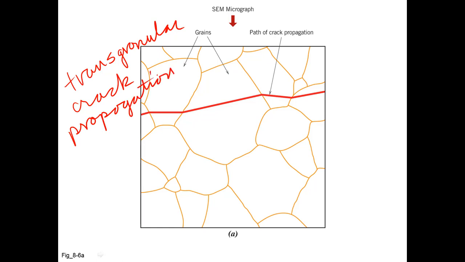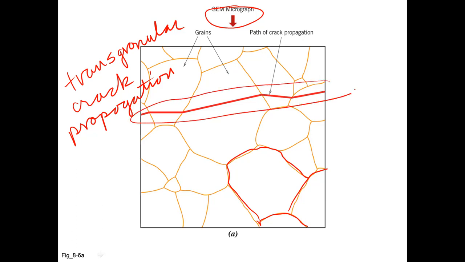In this cartoon, it's supposed to represent a scanning electron microscope image showing the grain structure for a given metal alloy and how a crack is propagating. The crack here is the dark red line. And in this example, it's trans, or cutting through the grains, not following the grain boundary. So it's cutting indiscriminately across those grains in a transgranular fashion.